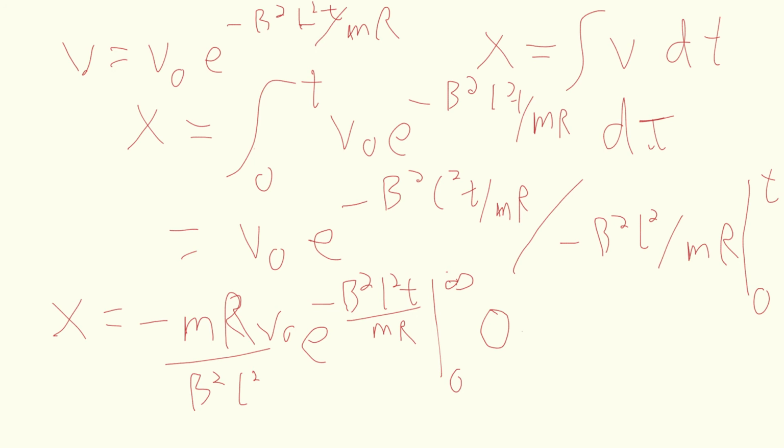That's going to be minus all of our other stuff, which is going to be, if I put 0 in there, e to the negative 0, which is going to be 1. That's going to be times negative 1. And the whole thing is going to be times MR V naught over B squared L squared.